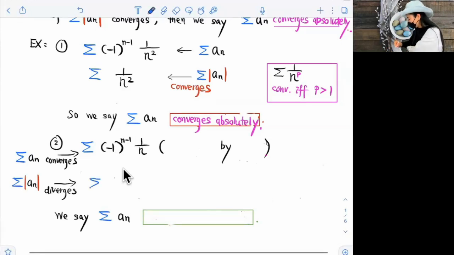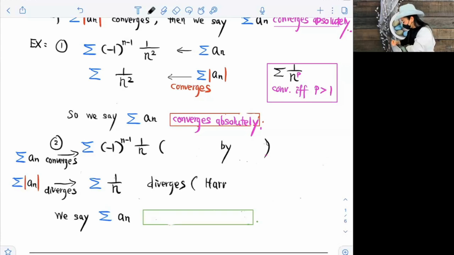If you put the absolute value on every term and drop the alternating sign, you have 1 over n. That series is a harmonic series, and it diverges.